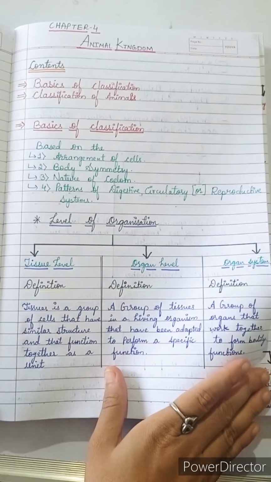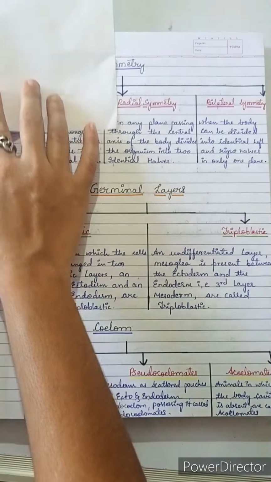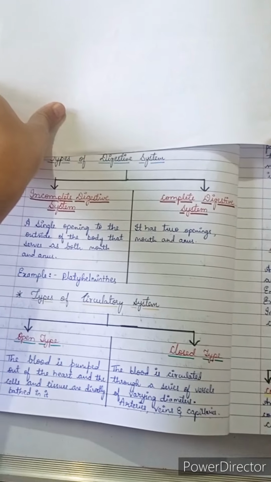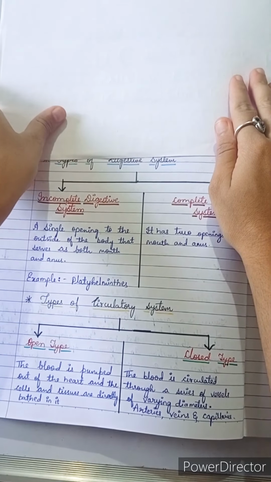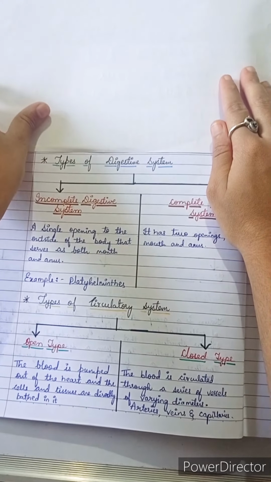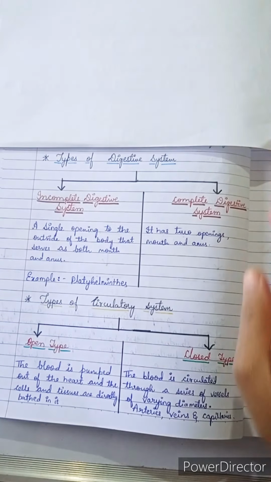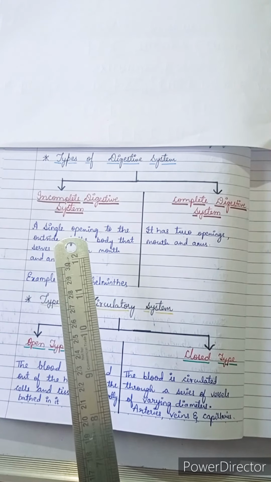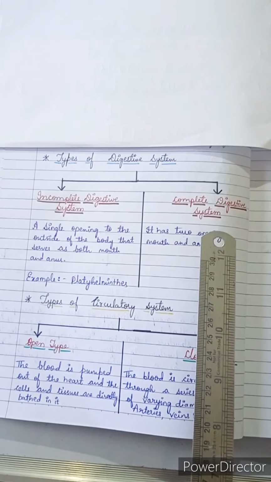Next, we look over the types of digestive system. We'll see the incomplete digestive system and the complete digestive system.